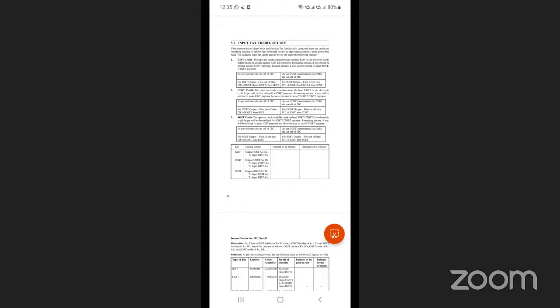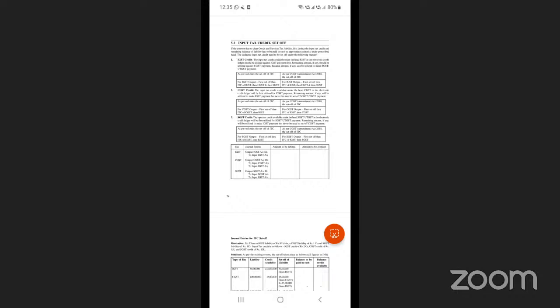And for CGST, in that case, output CGST account debit to input CGST account and to input IGST account, because whatever the credit relating to CGST will be set off only taking first as CGST, and the remaining balance needs to be set off against IGST. This is similar in case of SGST also. Output SGST account debit to input SGST account and to input IGST account. So these are the journal entries supposed to be passed relating to the setting off of input tax.